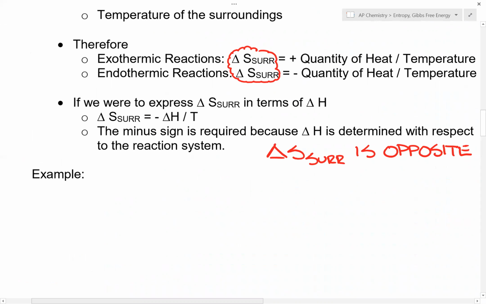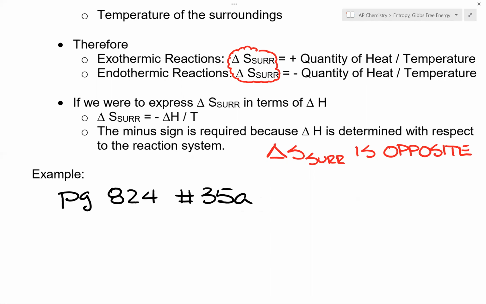I want to go over question number 35A. So it says here, given the values of delta H and delta S, which of the following changes will be spontaneous at a constant temperature and pressure?